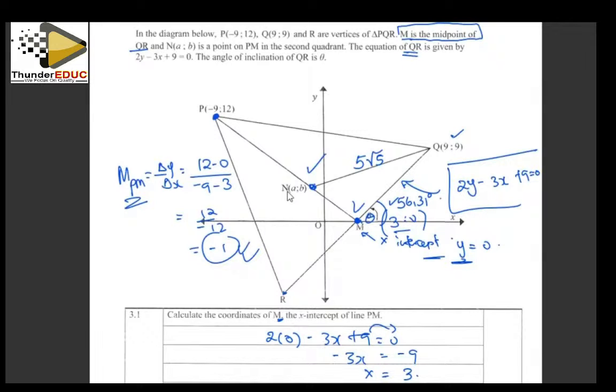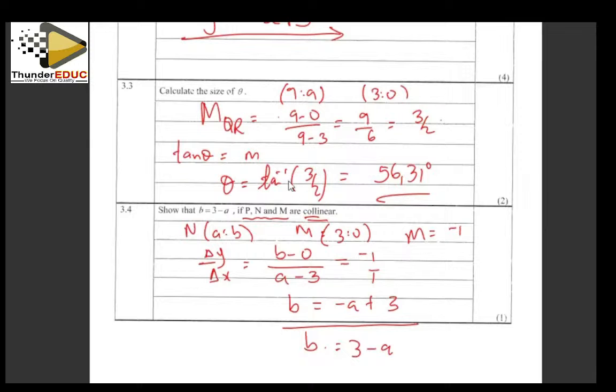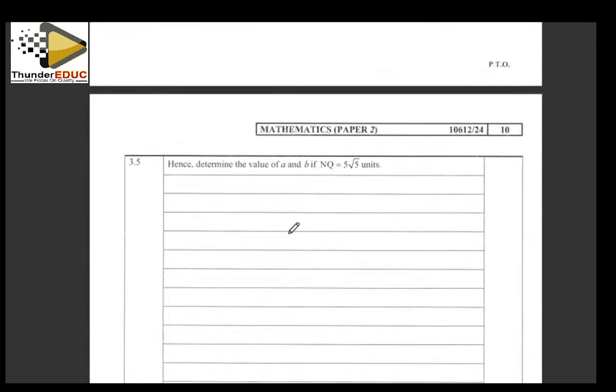Since I already have my value of b, remember the previous question told us it's 3 minus a. So let's substitute into that using the distance formula. So I'm going to say that the distance NQ is given as the square root.